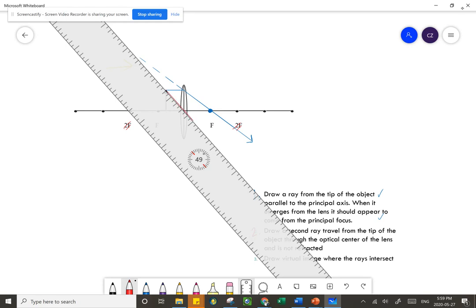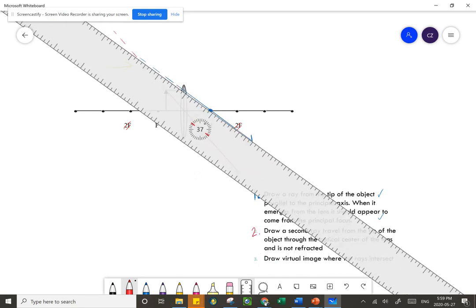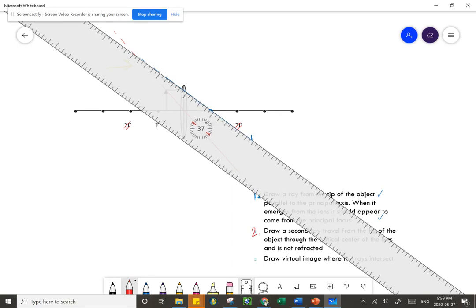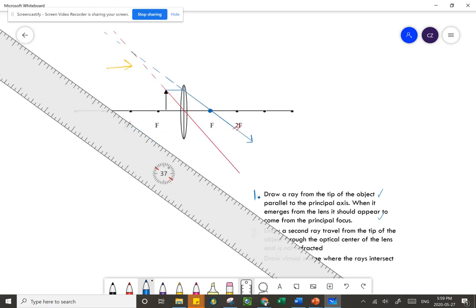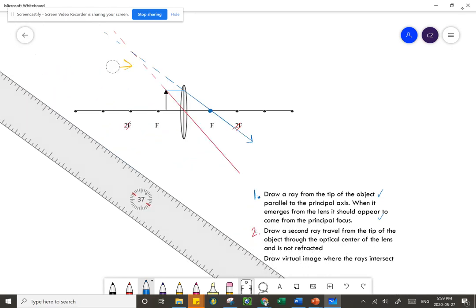Okay, so this ray of light is going to go like this, and we're going to extend that ray back. Okay, I didn't quite extend this other ray far enough, so I'm just going to add a little bit on the end here.